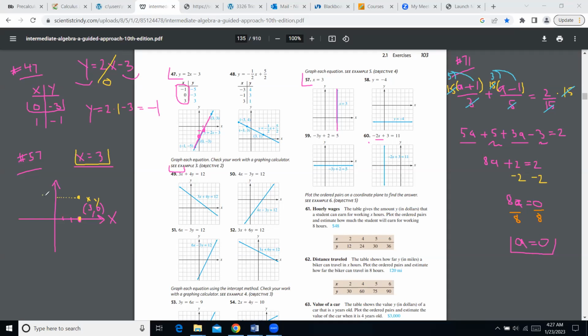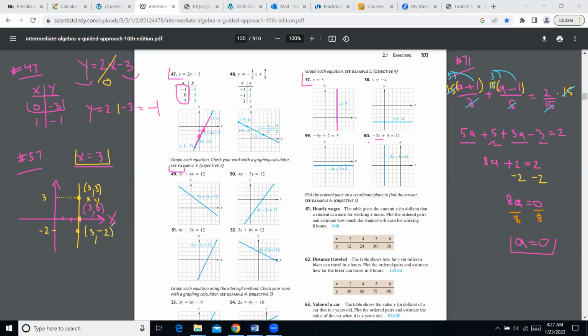For example, 3 for y will give me another point on the same vertical line, because when x is equal to 3, y could be any number. Like here we have x equal to 3, y also equal to 3. Or y could be, for example, -2, so we have the pair 3 for x and -2 for y.